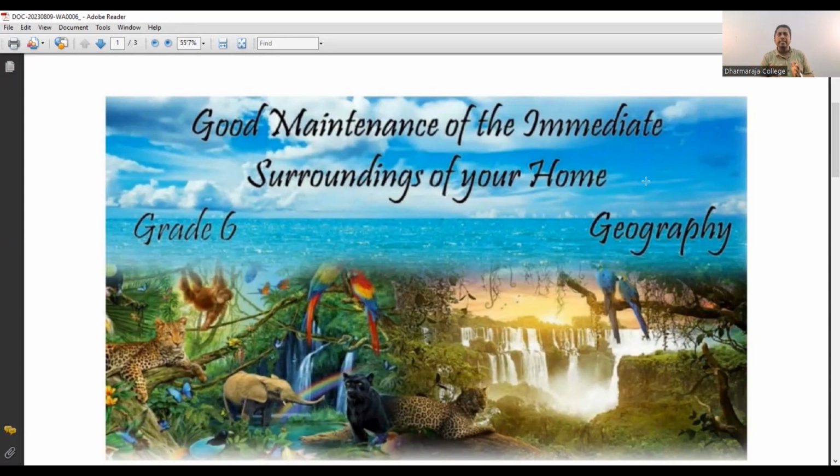What is good maintenance? What is maintain? We have to maintain our body. Brushing teeth, washing the body, and having good food are some factors that help in the good maintenance of the body. You have to sweep the house, clean the house, and paint the house. They are the things that help to maintain your house.